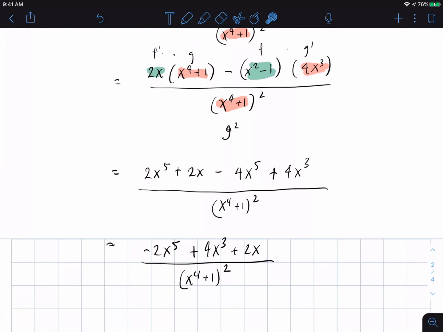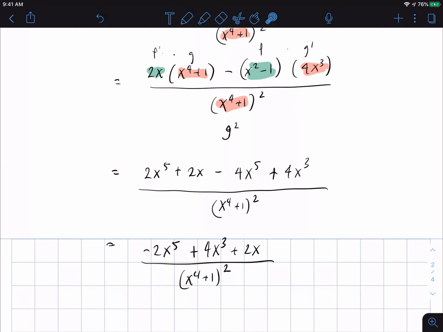That's the answer. You expand the denominators. Oh, so you don't need to expand the denominator. In this example here, we see that we're not going to be able to factor to cancel out the denominator. Typically, what you're going to want to do is leave it in that factored form because it potentially could cancel. Does that make sense? So you might be able to factor out an x to the fourth plus 1 out of the numerator, and then be able to cancel.